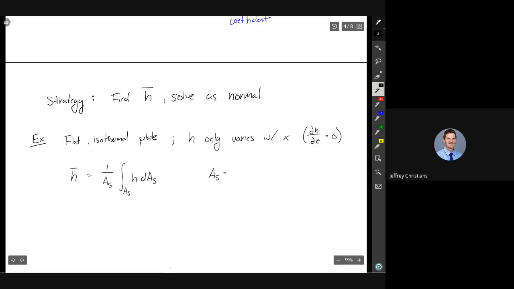Our surface area equals length times width. So dA is width times a differential length. This one is in z, and that one is in the x direction, in the direction of the flow.